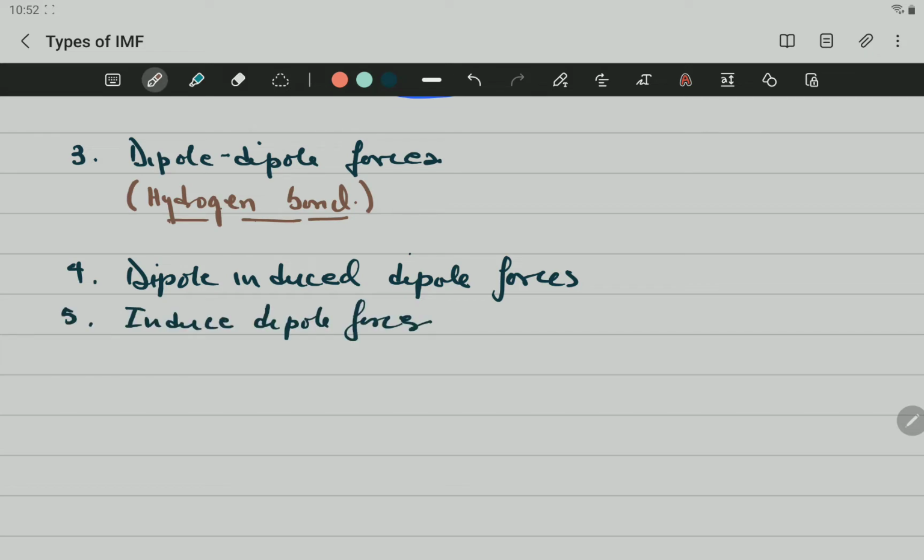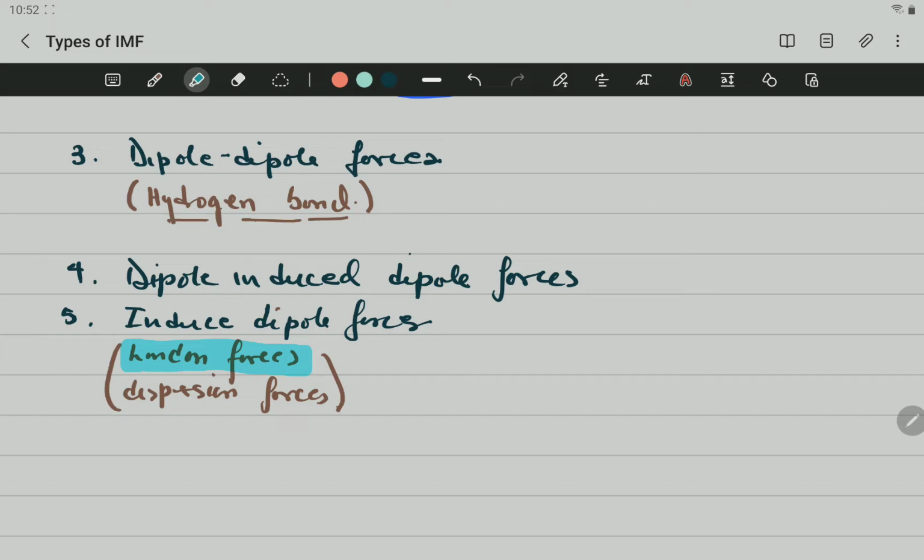The induced dipole forces are sometimes also called London forces or dispersion forces. All these are names for induced dipole forces. We can use either of them, but most of the time we're going to use London forces.